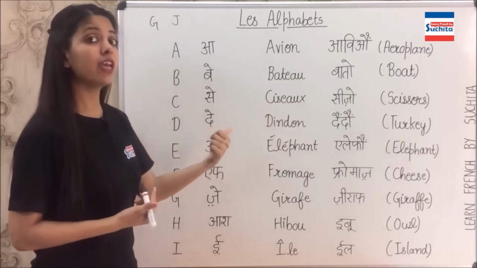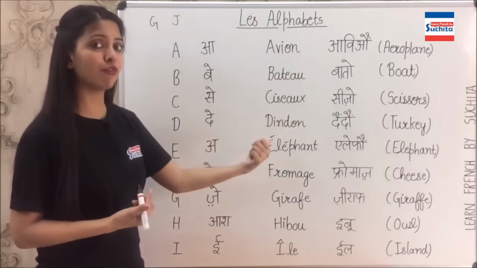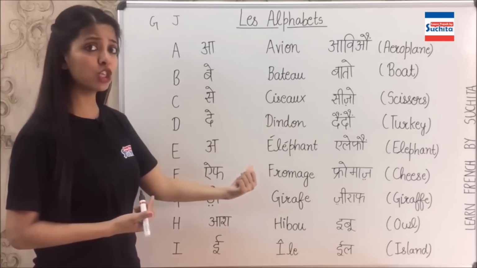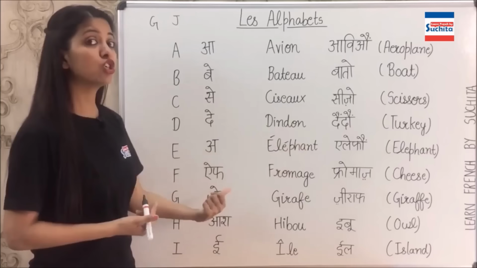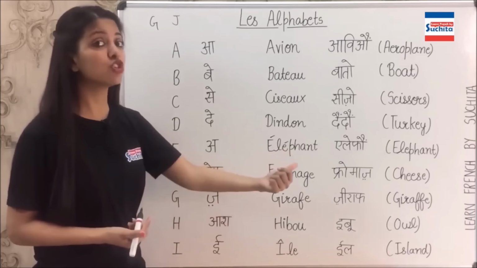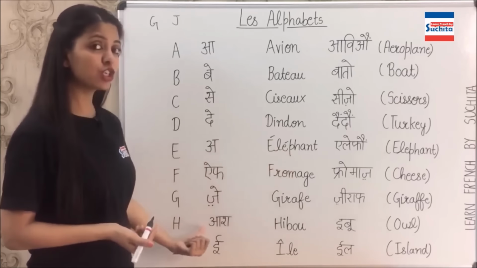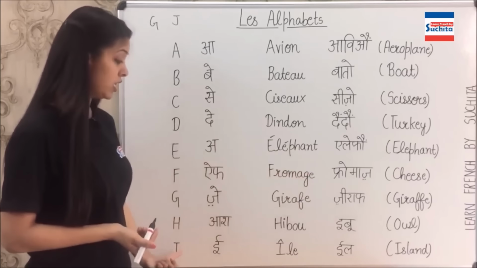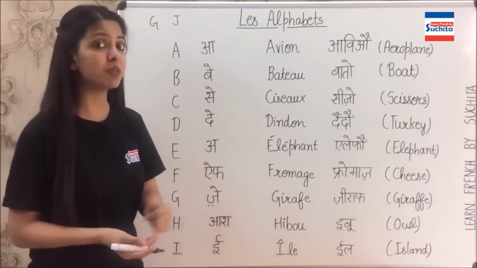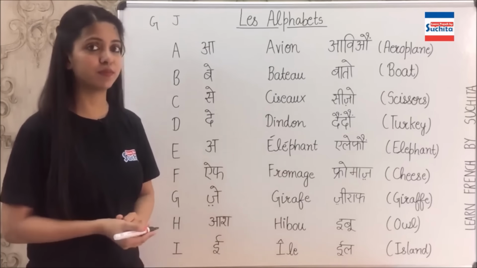E, éléphant, which means elephant. F, fromage, cheese. G, girafe, which means giraffe. H, hibou, owl. I, île, which means an island.